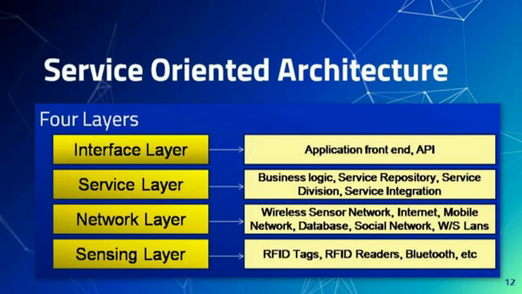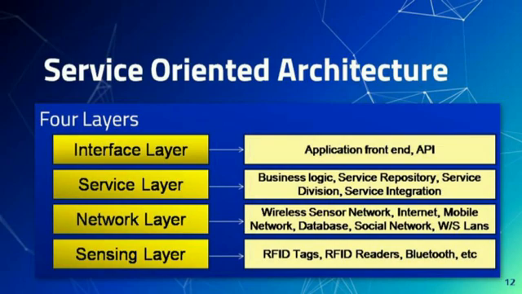At the bottom we have the sensing layer, which is responsible for RFID tags, and it will read RFID readers, Bluetooth and so on. So this is the basic layer which is going to read all the data.